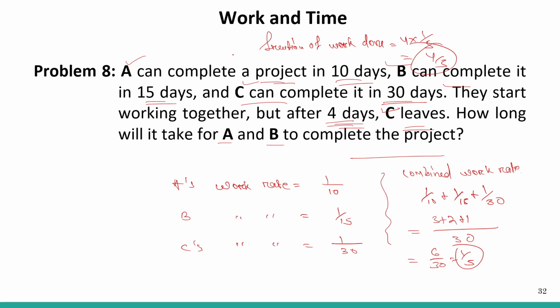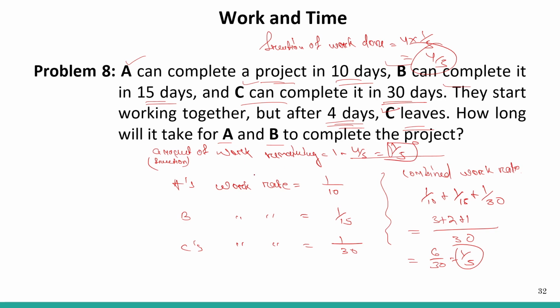So the amount, or you can also say fraction, of work remaining is equal to what? 1 minus 4 by 5. This is equal to 1 by 5.